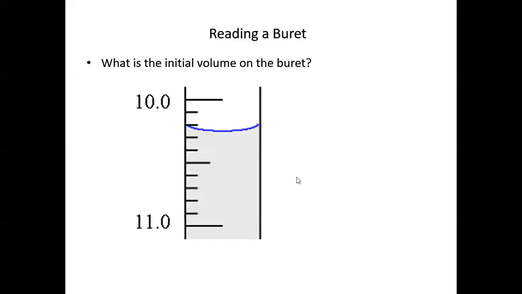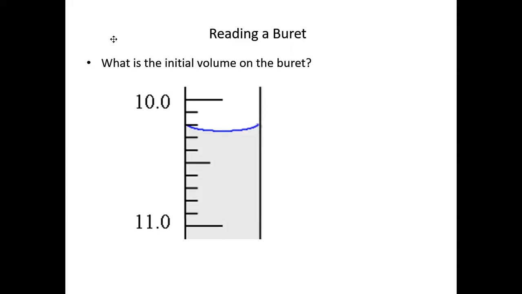So one of the important things in chemistry is to record measurements to the correct number of significant figures. And just to review how we get the number of significant figures from measurements, it involves two things. It involves the certain digits plus one uncertain digit.